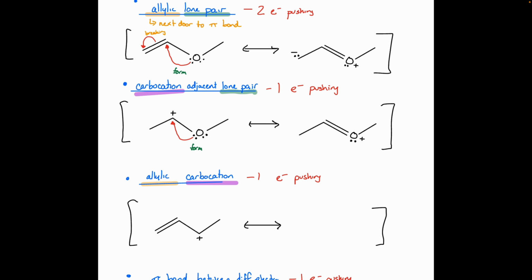Okay, in my allylic carbocation, that pi bond pair of electrons moves into that empty orbital of my carbocation.